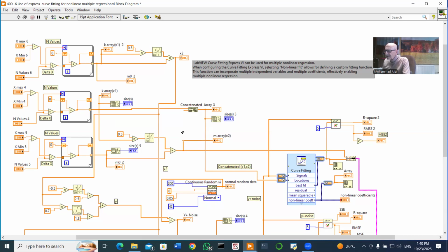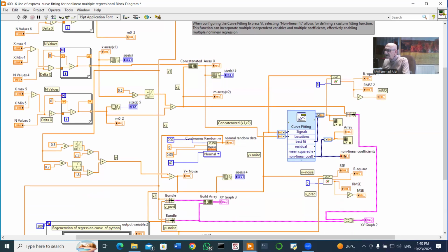Let me write here X2, and here X1. And now we have concatenated both. We have got X, and this X will be fed to the input.